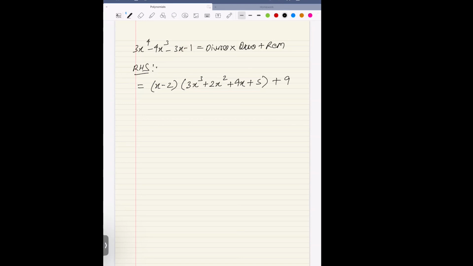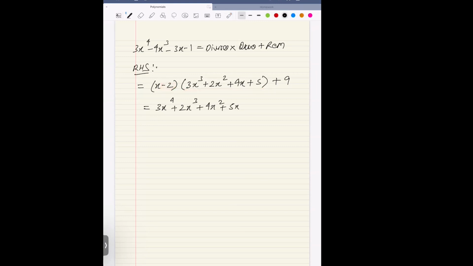So let's open it. Basic multiplication, x will be multiplied with the entire bracket. So multiply this. 3x to the power 4, x into 2x square becomes plus 2x cube, x into 4x becomes 4x square, 5x. Okay, now multiply with minus 2.